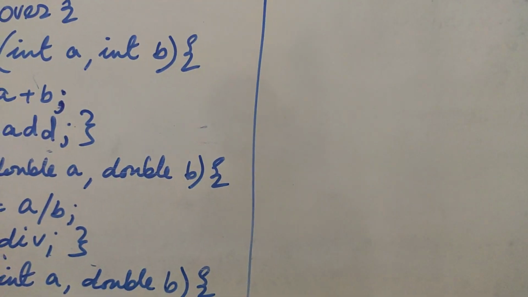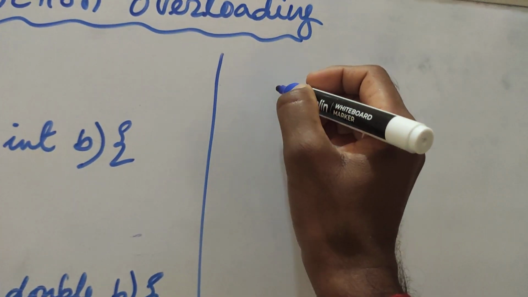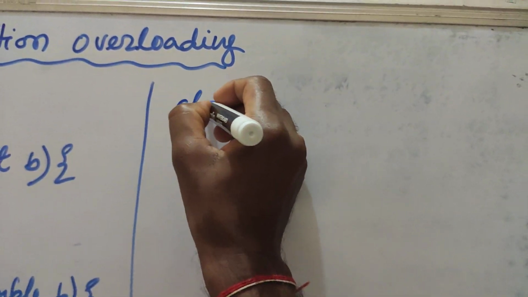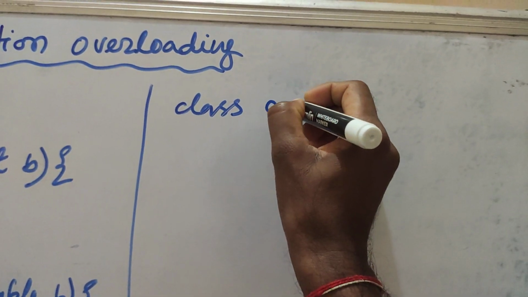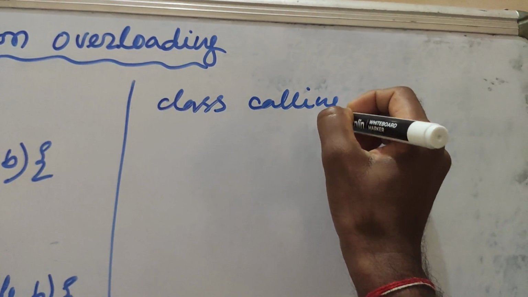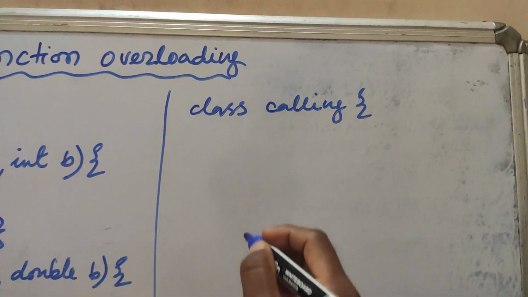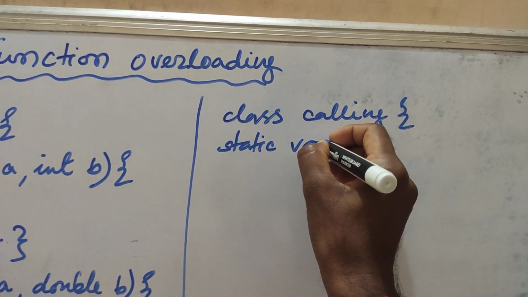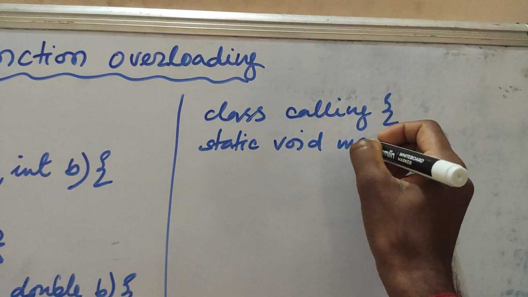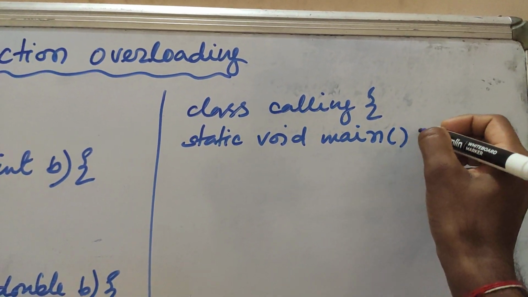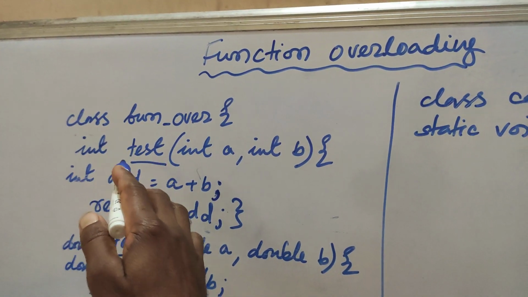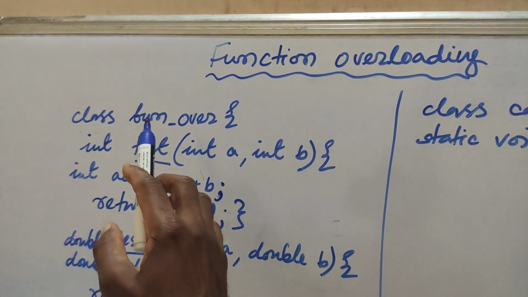Now, if I want to call it in another class, class calling. You also know void, and this is a data type. When we call a data type function, it means pure.